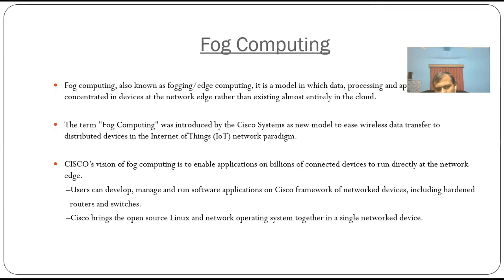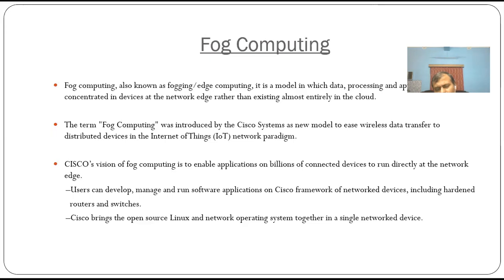So the term fog computing was introduced by Cisco Systems as a new model to ease the wireless data transfer to distributed devices in the Internet of Things networking paradigm. So basically, as I told you, fog computing is mainly used in the domain of IoT.